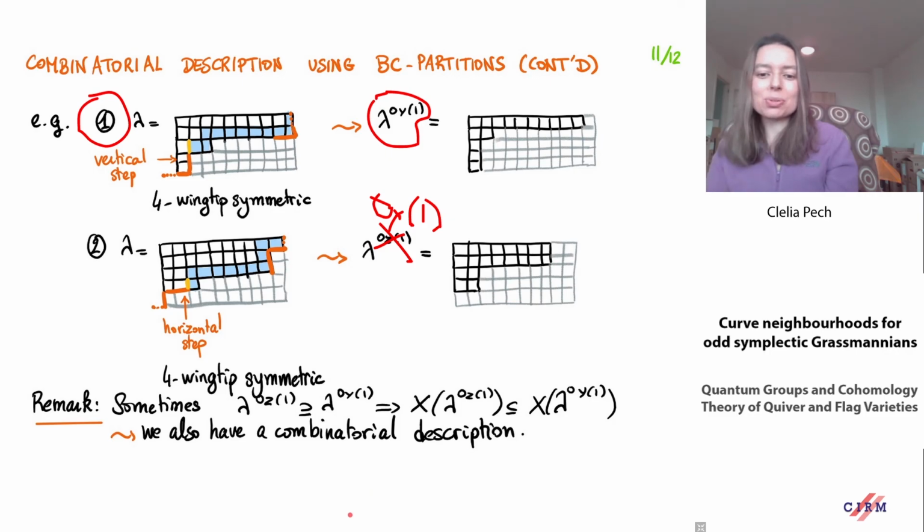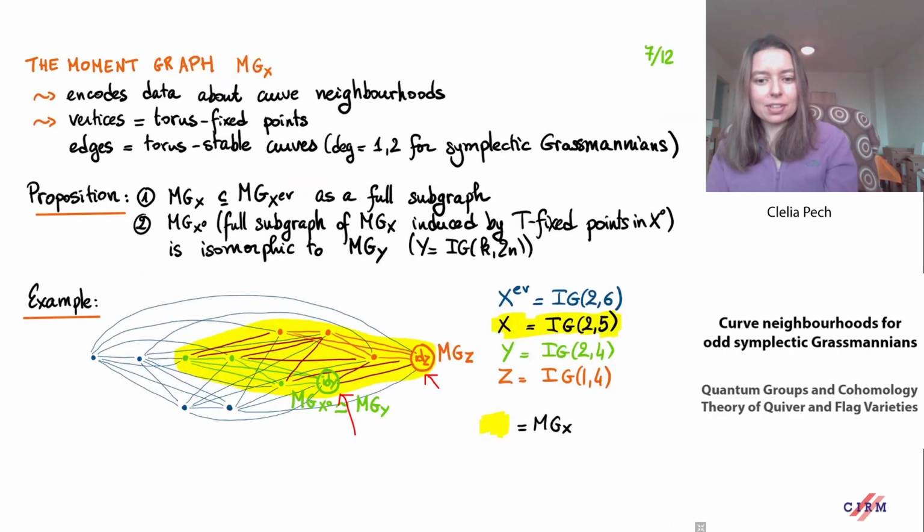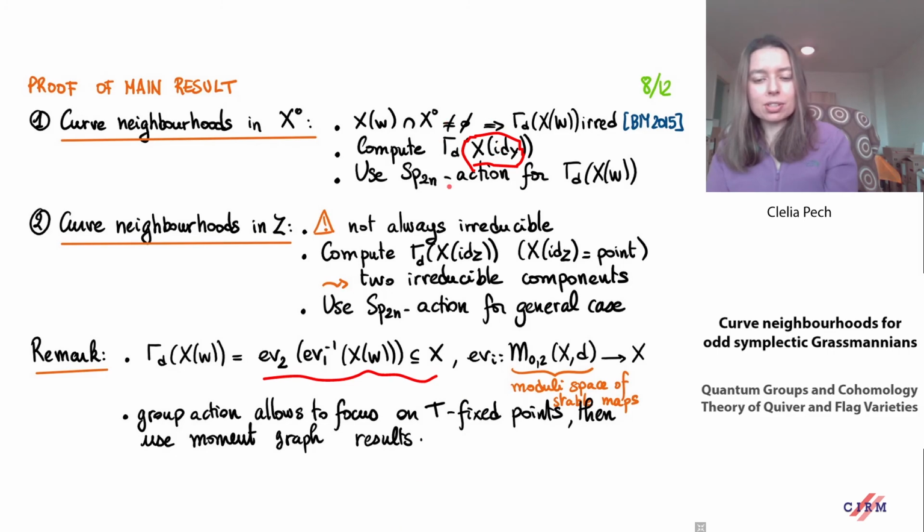We do sometimes have arguments in our proofs, here, where in Z we have two components, one that starts intersecting the open orbit, and we actually have a result that it doesn't really matter, for our description, when we decide in the moment graph to cross and go in the open orbit.